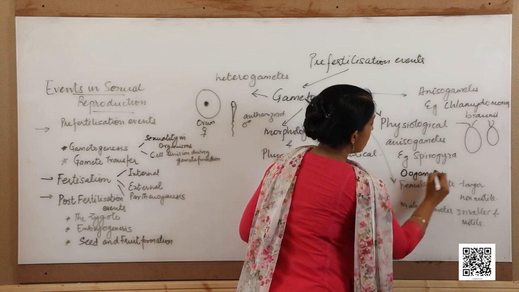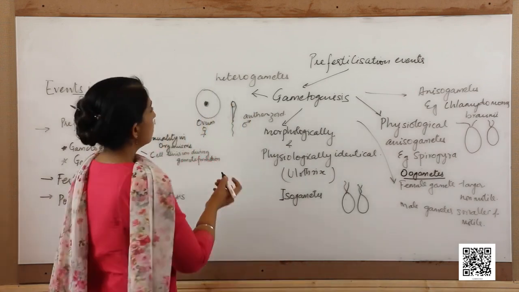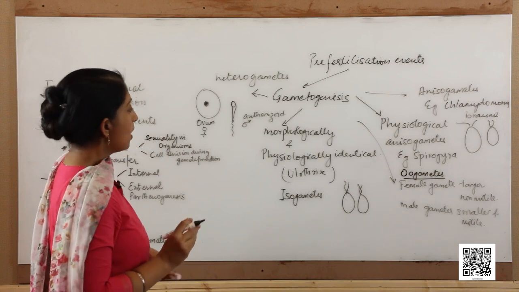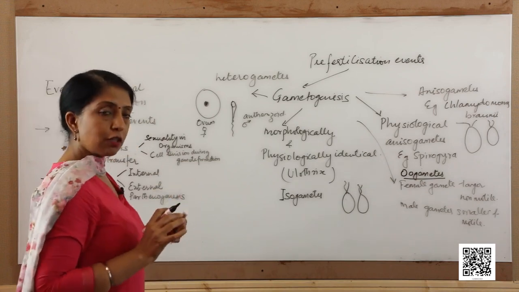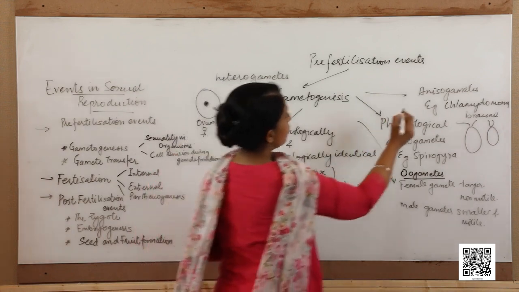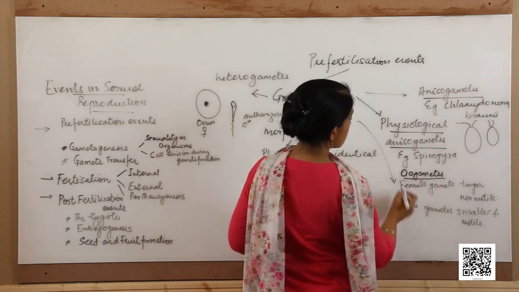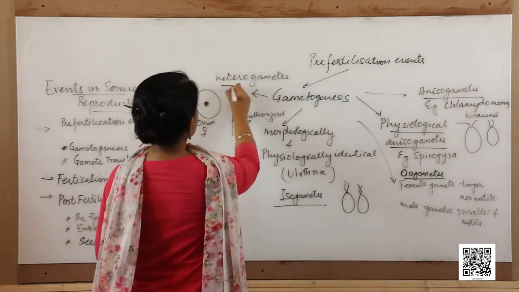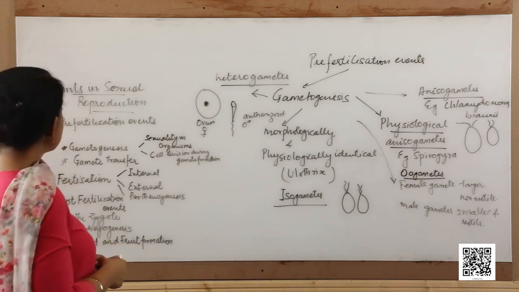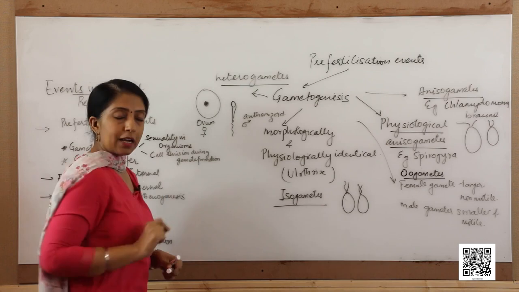Oogametes can be seen in human beings also. So, depending upon the size and the physiological functions of the gametes, we have isogametes, physiological anisogametes, oogametes and heterogametes.